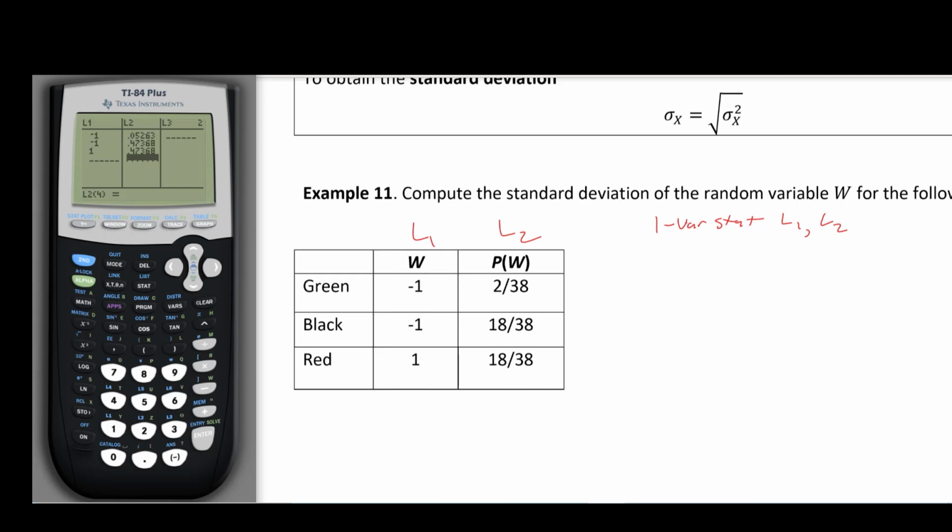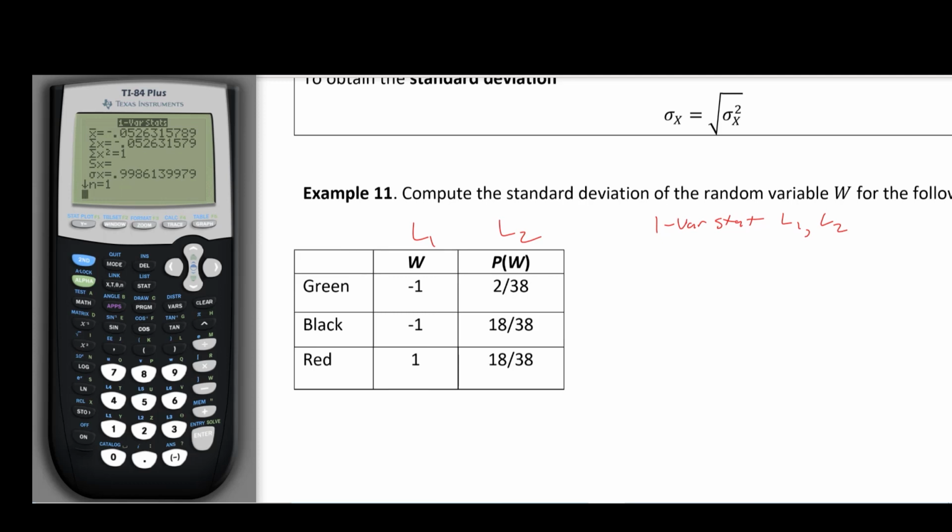Let's go ahead and jump back out to the home menu, so 2nd Quit. And let's go back to the Stat menu, go to Calc, 1-Var Stats. L1 is my list, so 2nd 1. L2 is my frequency list. I'm going to go ahead and calculate, and here's my standard deviation.